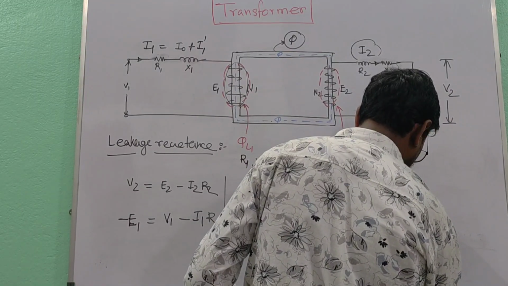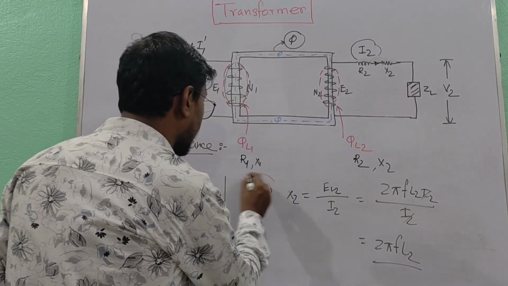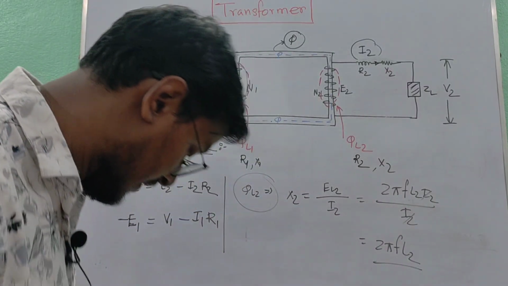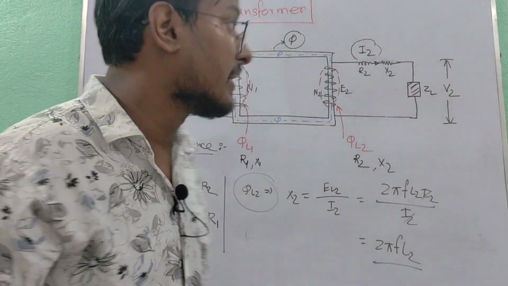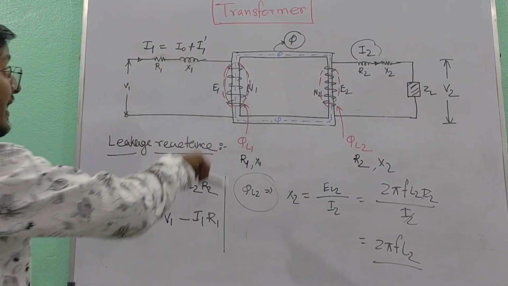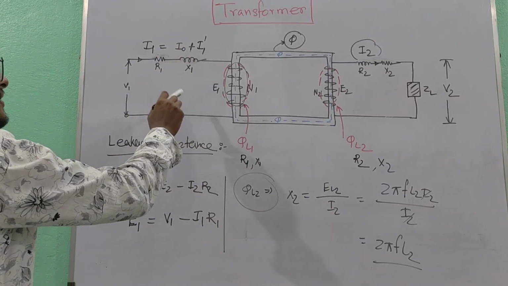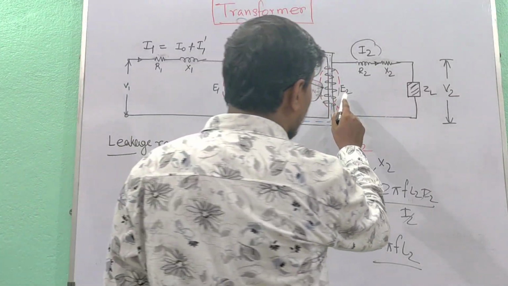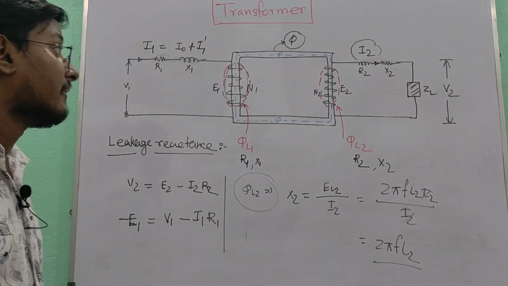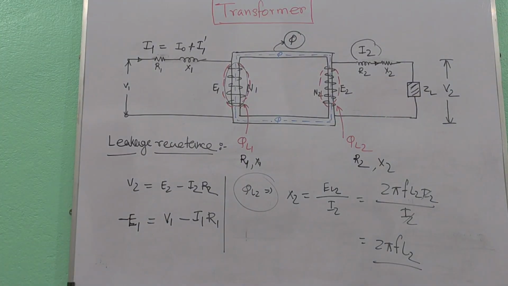So you can note down that the applied voltage V1 has to meet I1 R1 and I1 X1 drop. Similarly, E2 has to meet I2 R2 and I2 X2, these two drops. And flux phi is constant irrespective of load.